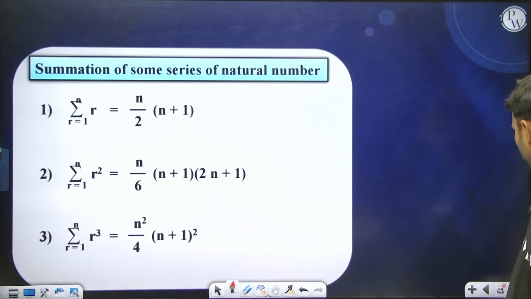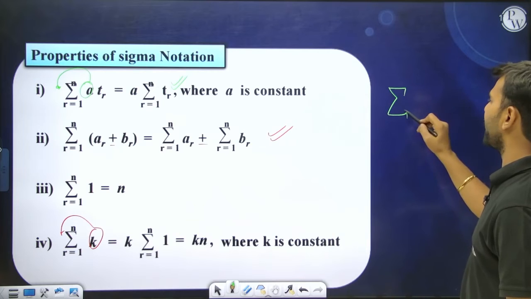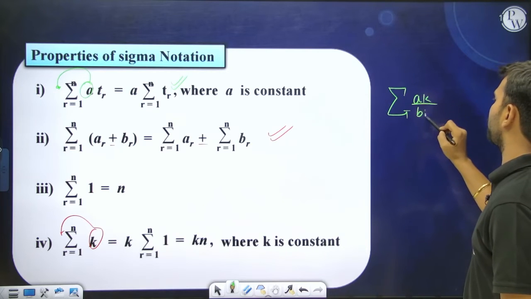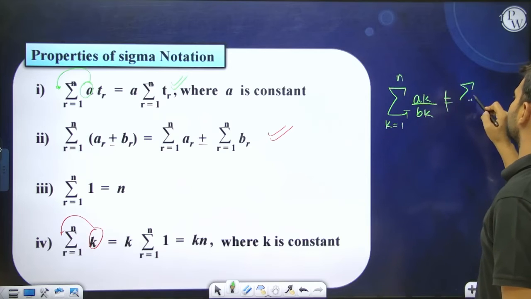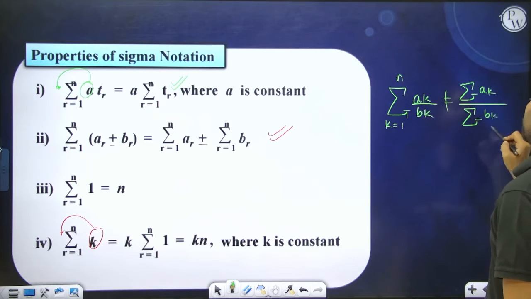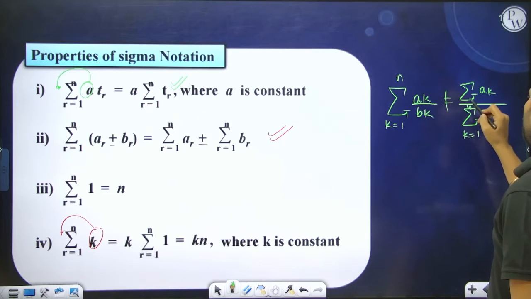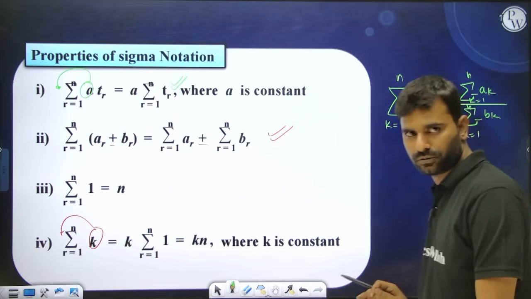Let me tell you a few more properties. Sigma is not distributive about division. You cannot write it like this, that if two things are written in sigma, you have written it like this. No, this is going to be wrong. You cannot distribute sigma over division and multiplication also.